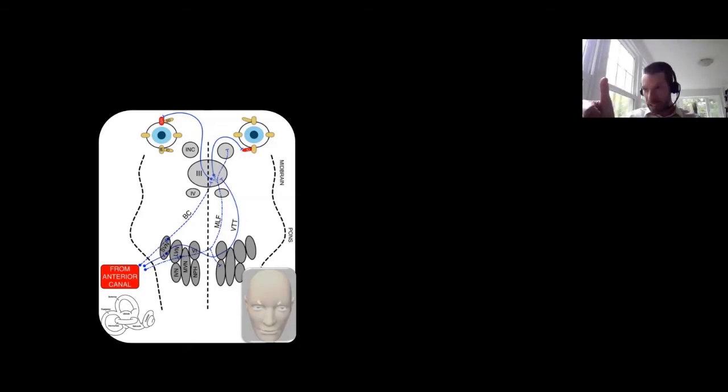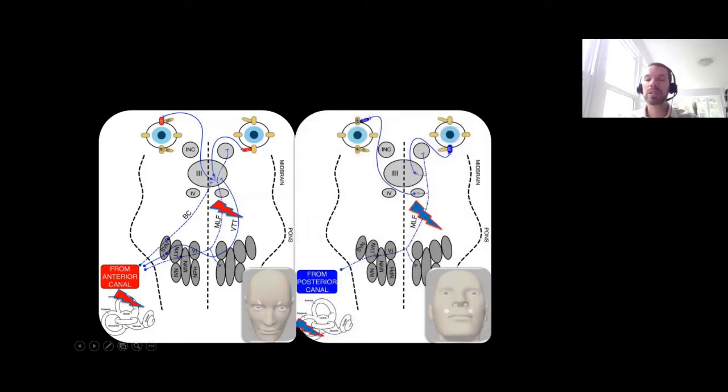And if I move my head down, pitch forward, then I'm activating my anterior canals. If I pitch the head back, then I'm activating the posterior canals. So anterior canals, posterior canals, anterior canals, posterior canals. So the clinical pearl here is that these vertical semicircular canal pathways that subserve the vertical vestibulo-ocular reflex all travel through the medial longitudinal fasciculus.